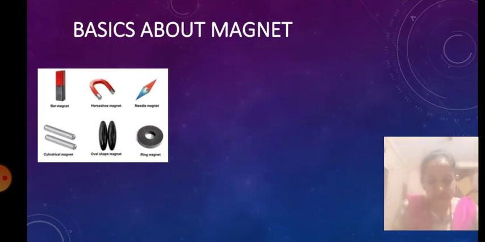Then always remember there are two kinds of magnets: one is the natural magnet and the other is the artificial magnet. If you have heard about the natural magnet, it was first found in Magnesia.